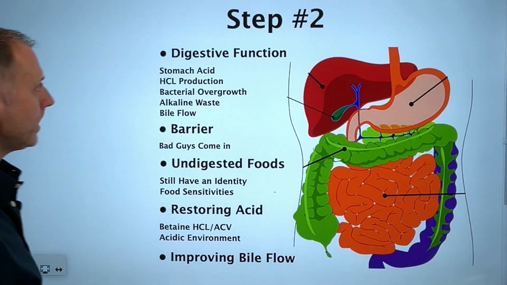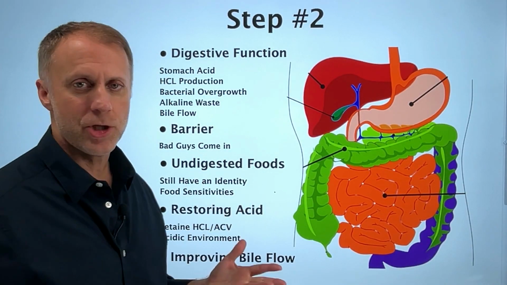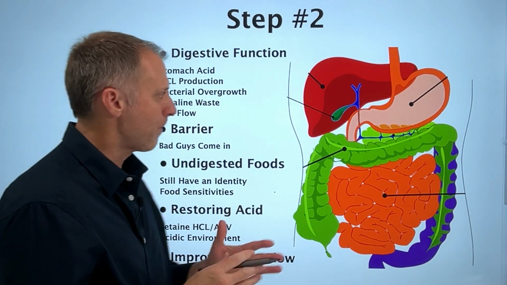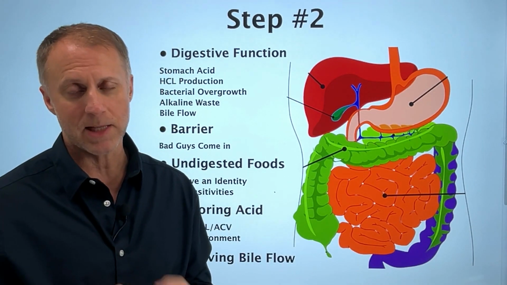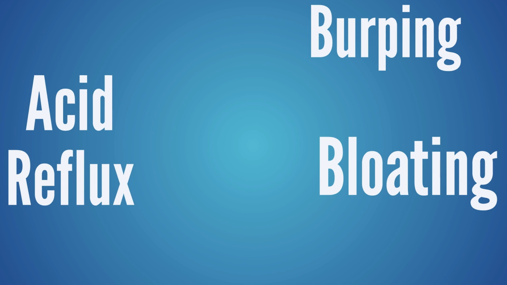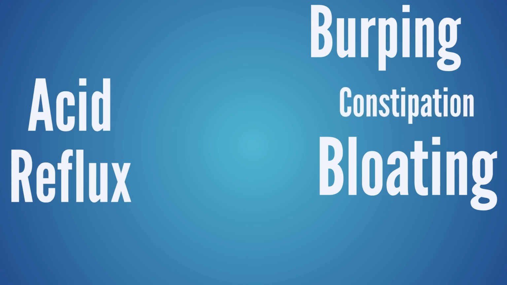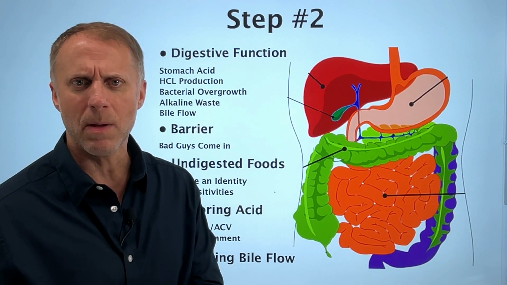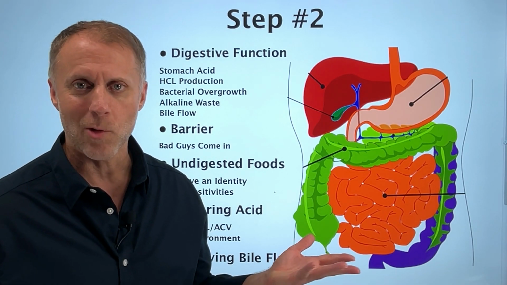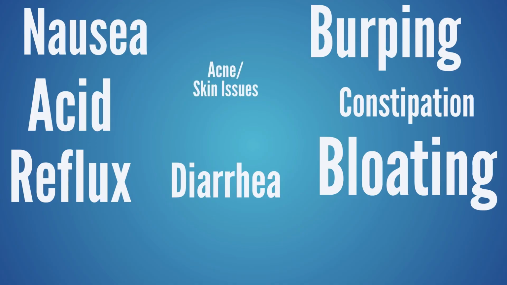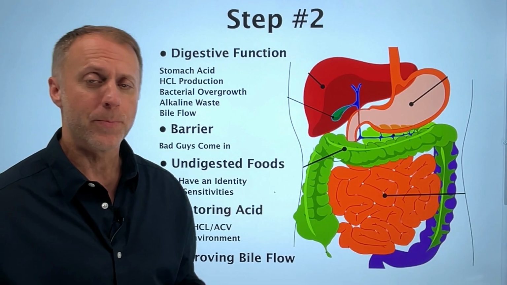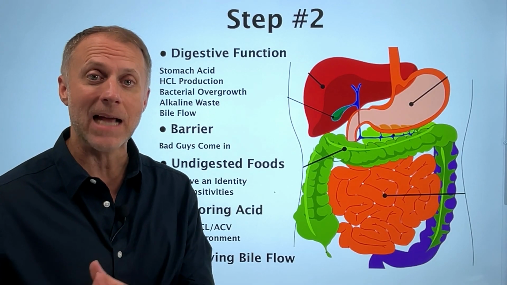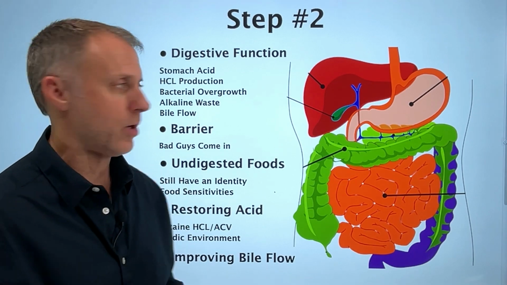So the next thing we need to look at are any digestive malfunctions. If a person's having any digestive symptoms like burping or bloating or acid reflux or constipation or diarrhea or nausea or indigestion, maybe food just kind of feels like it sits there like a rock in their stomach for 6 hours, or even skin or acne issues, all of these are signs that the digestive system is not working correctly.